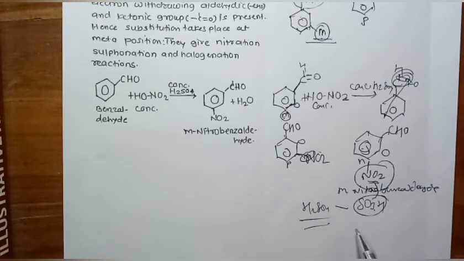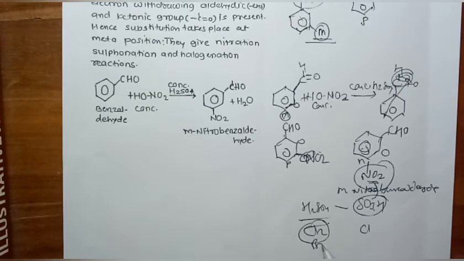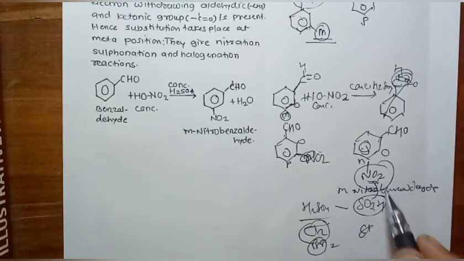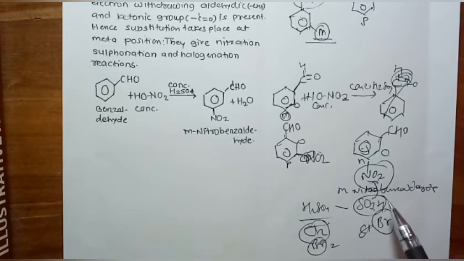And if halogenation is there, take Cl2 or Br2. If Br2 is taken, then at this position instead of SO3H, it gives meta bromobenzaldehyde. You have to do these two reactions in your notebook.